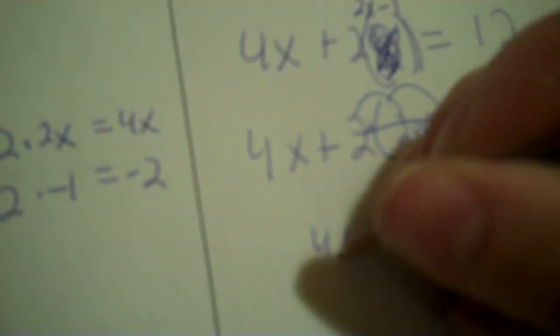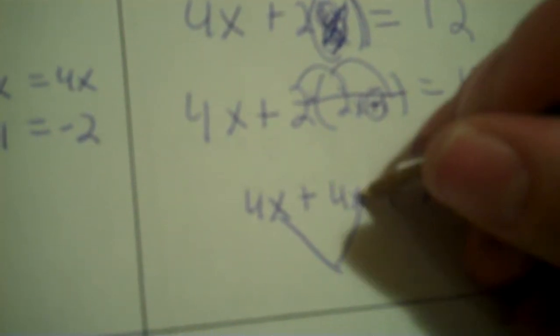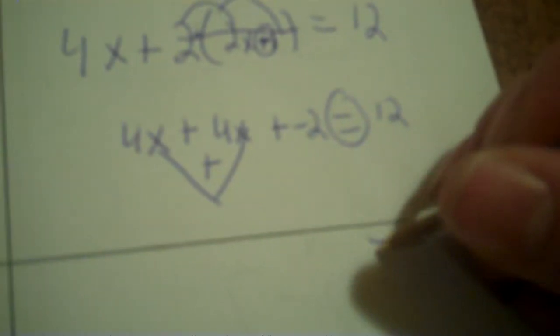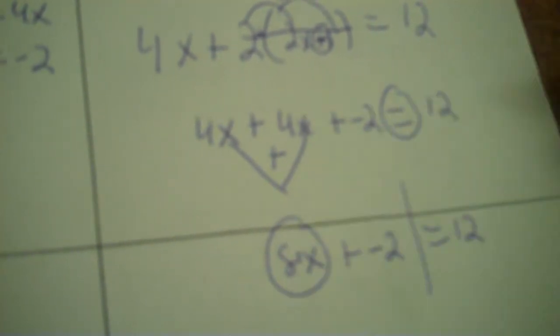Okay, there's another x term, so you add it. Same thing, combine your x's because they're on the same side. So that's 8x plus negative 2, equals 12. Take out your negative 2 by adding 2. That takes us to 14.